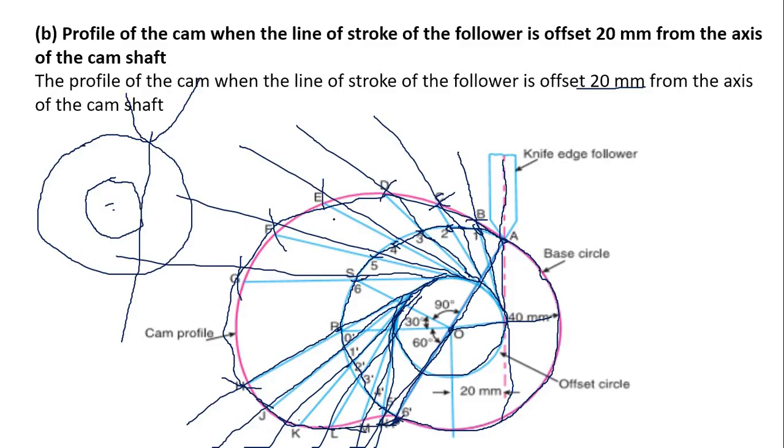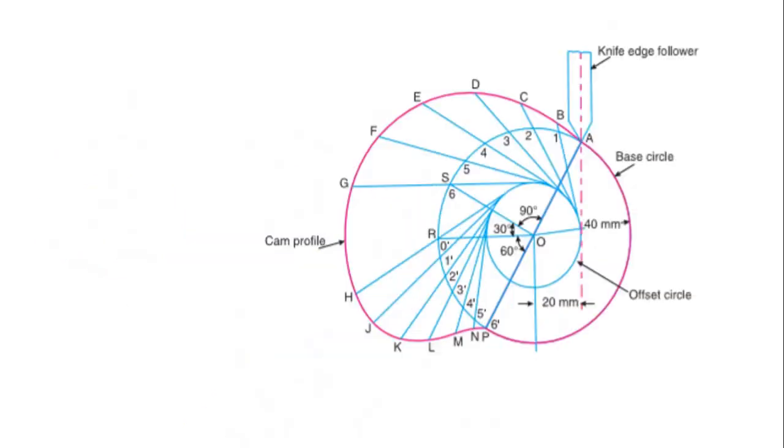So this is the cam profile whatever we drew here with the pen, and we can easily understand from this diagram. This is the cam profile. We can see here this is the cam profile.